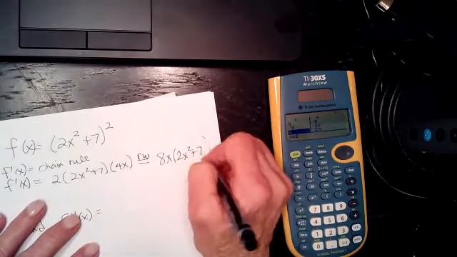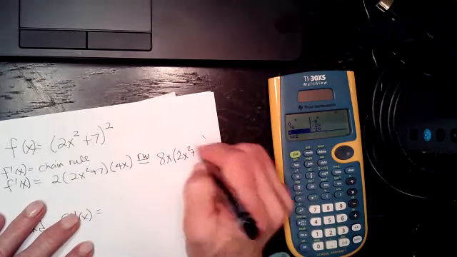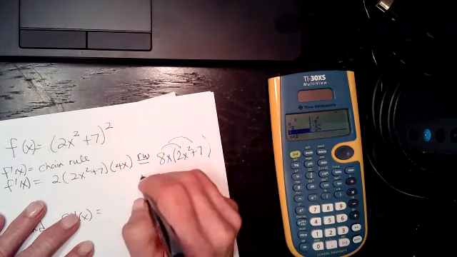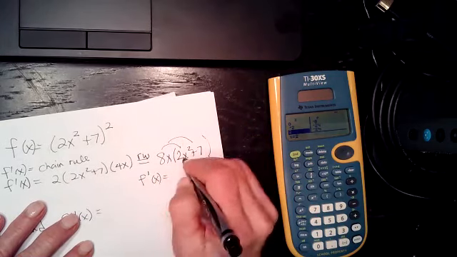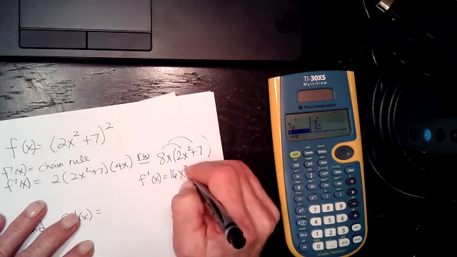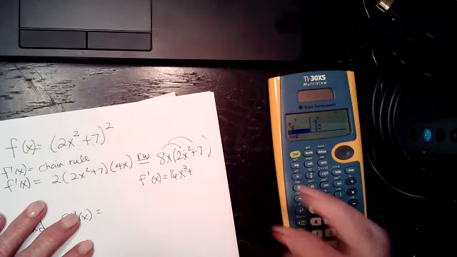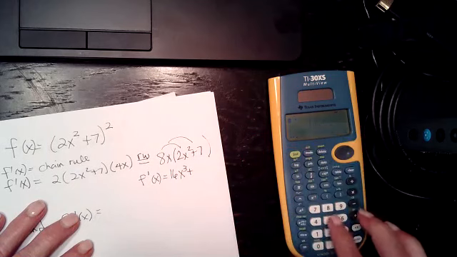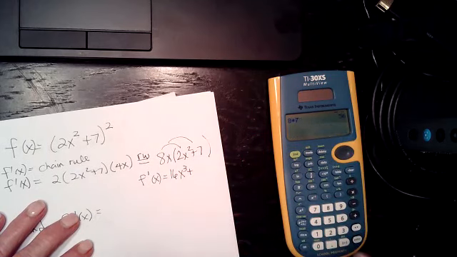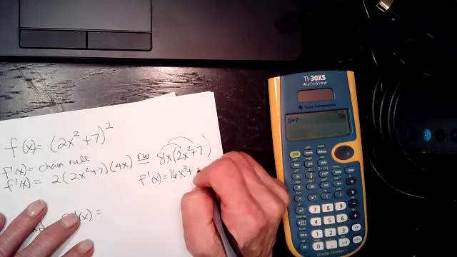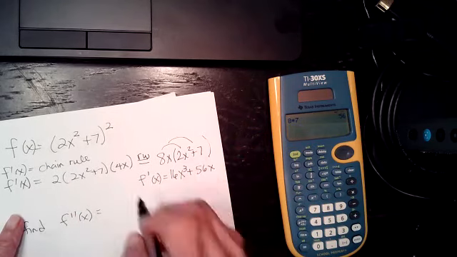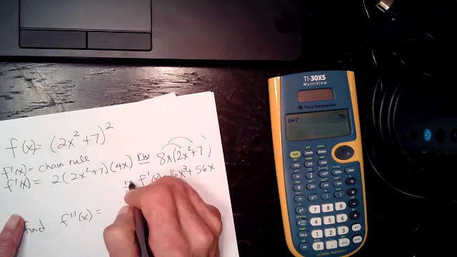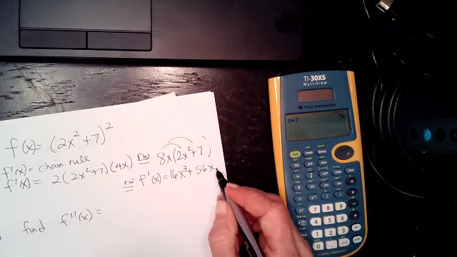And you could do the product rule, but since it's not to a power, you can just distribute it and say, well, f prime is what? 8 times 2 is 16x cubed plus 8 times 7, 56, plus 56x. So this is the first derivative. Okay, I just turned it into a polynomial.